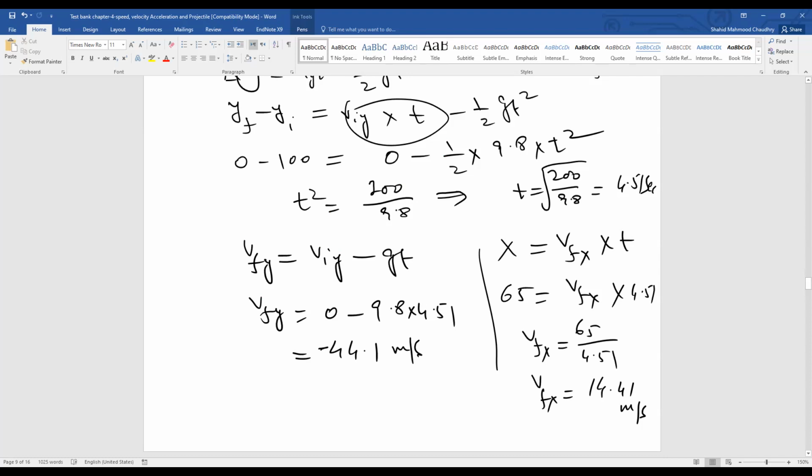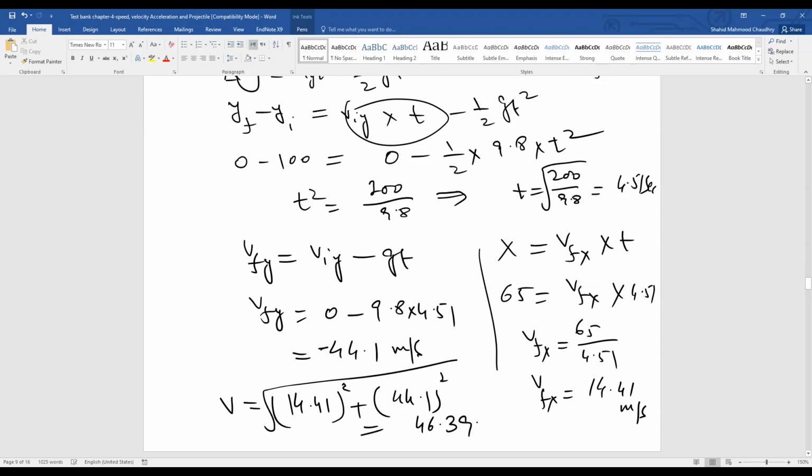Now you can find the value of V. V is what? Vf of x square, meaning 14.41 square, plus minus 44.1 square, or 44.1 square, the value will be the same. So under root and solve this, the answer is 46.39 meter per second.